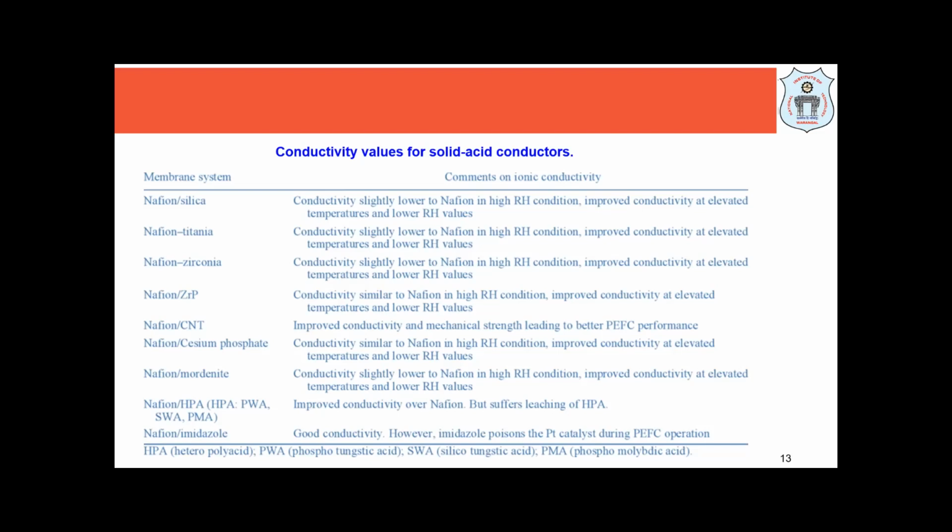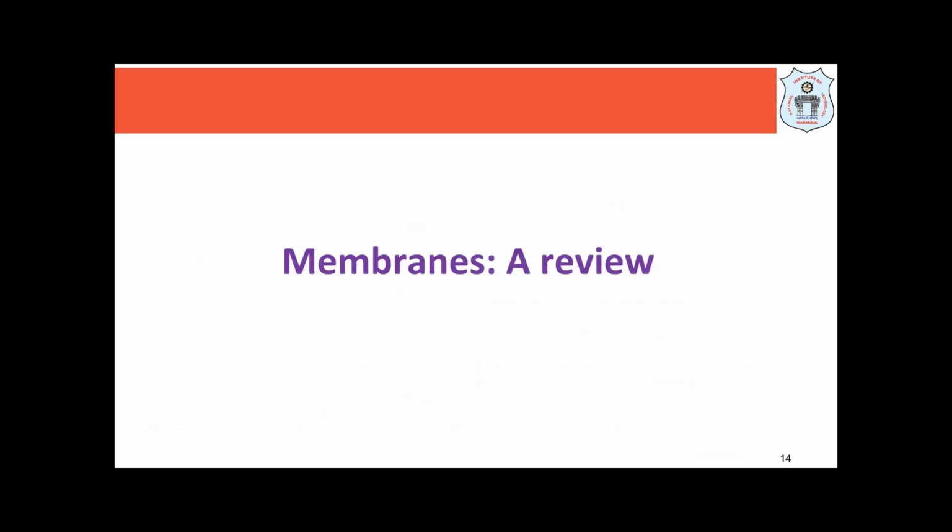Improved conductivity is there at elevated temperatures and lower relative humidity values. Okay, here RH represents relative humidity. So you can look into what different materials are incorporated into Nafion and what the impact on ionic conductivity is. Okay. So in this lecture, we will focus mainly on the membranes.